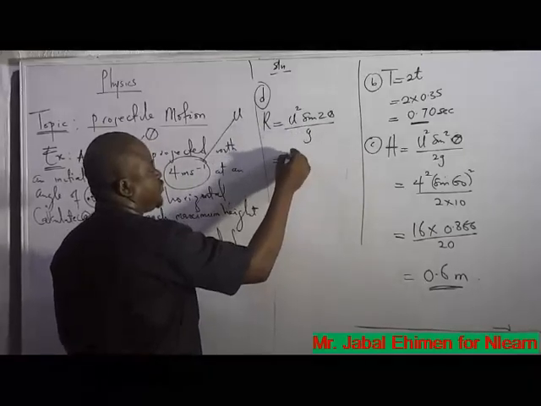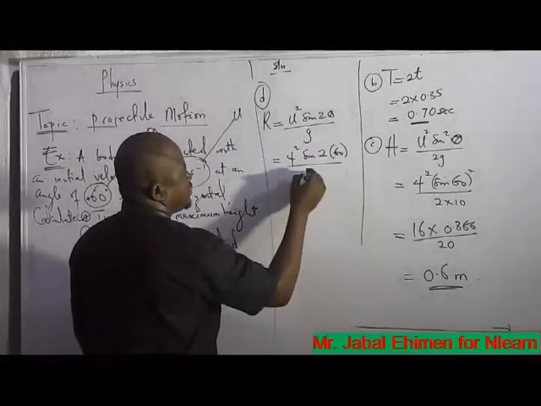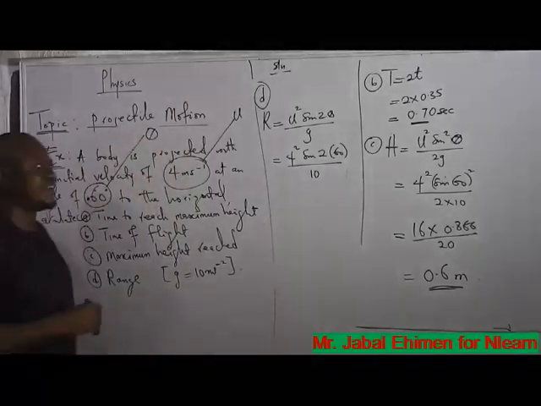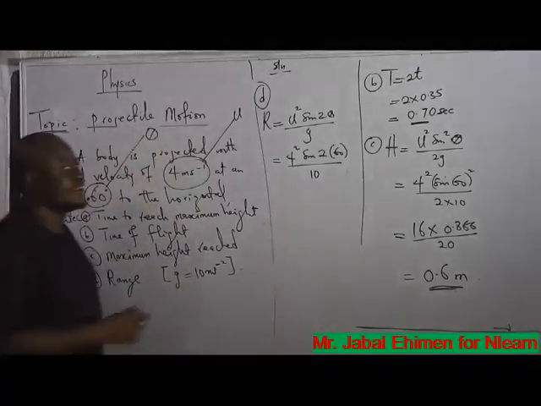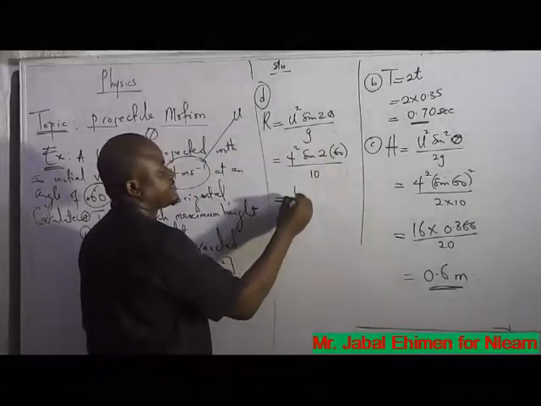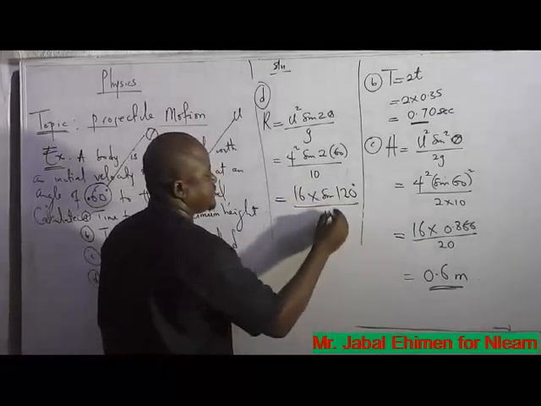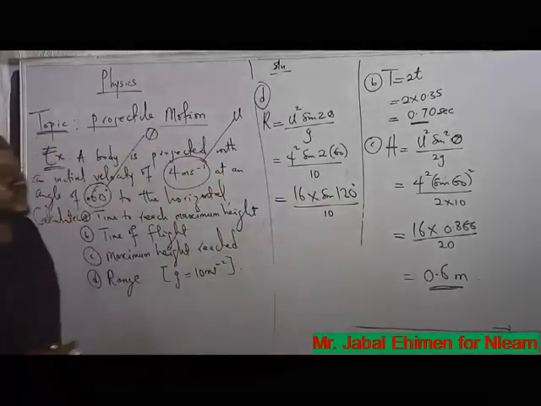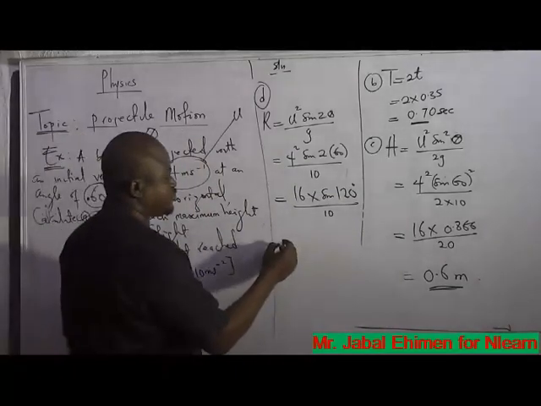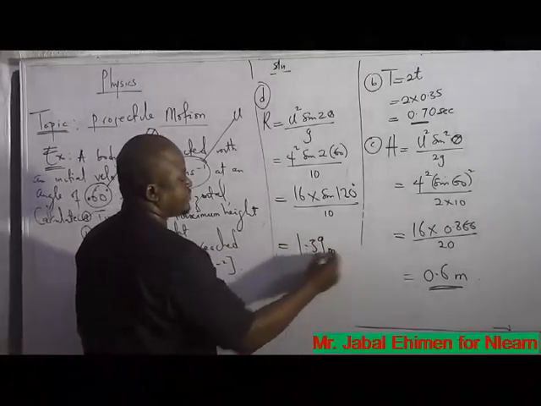That will give us 4 squared sine 2 into bracket 60, divided by 10. Now if you look at that, automatically that's sine 60, but now it becomes 2 times 60. So that's 16 times sine 120 degrees divided by 10. On computation, you have this to be approximately 1.39 meter.